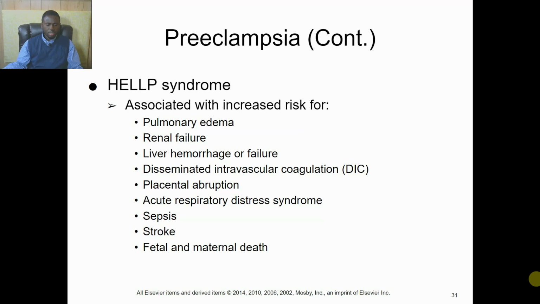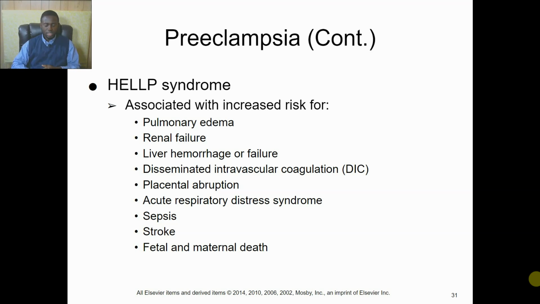If clotting occurs in the brain, then a stroke can result from that. So if there is coagulation and then the patient is also bleeding, if there is hemorrhage in the brain, or if there is a thrombus that breaks away and goes into any of the tiny arteries in the brain, then that can also cause a stroke.